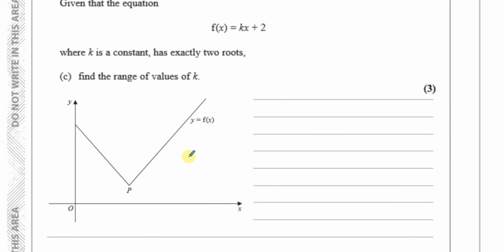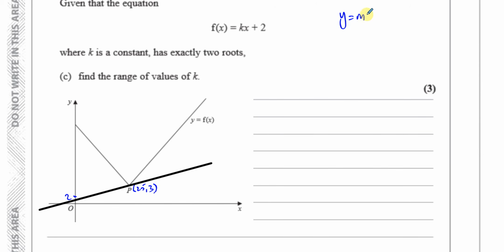Okay, so now kx plus 2 means it crosses the axis at 2. Now this is 3, so it's going to be a bit below here. This is 2.53. And if it has exactly 2 roots, that means the line has a gradient that changes. k is a gradient. You see, this is y equals mx plus c.